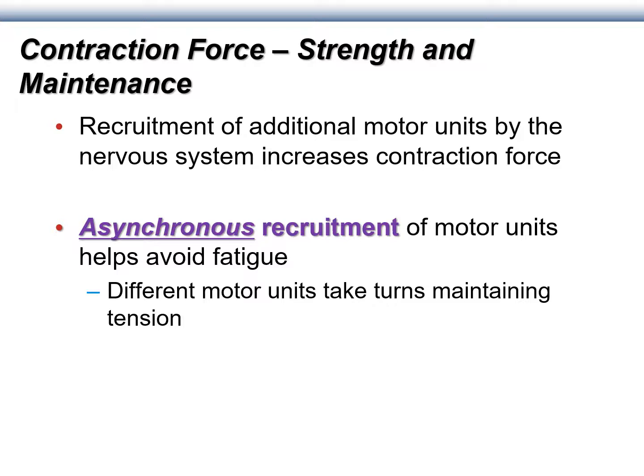And they will cycle out in order to recover and recoup energy sources, restore membrane potential, and pump calcium out of the fiber. In the meantime, other motor units will cycle in and sustain that level of strength. That is known as asynchronous recruitment. Different motor units are taking turns maintaining tension, and it staves off fatigue.